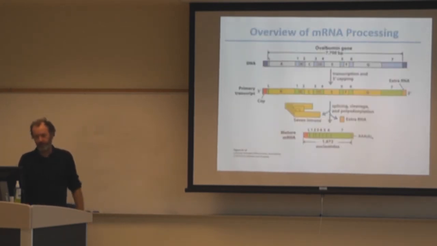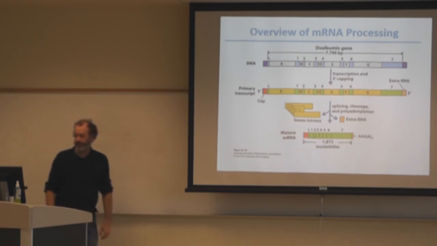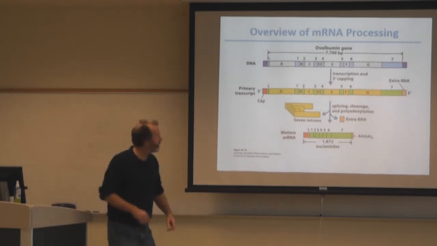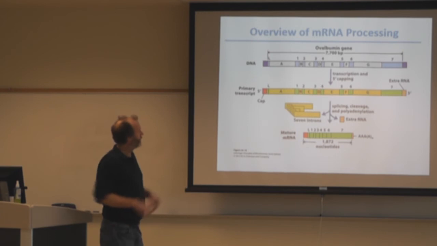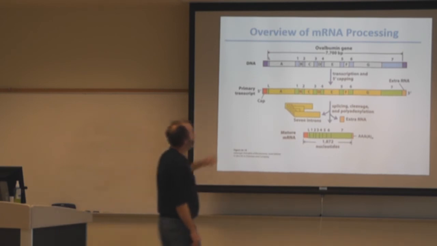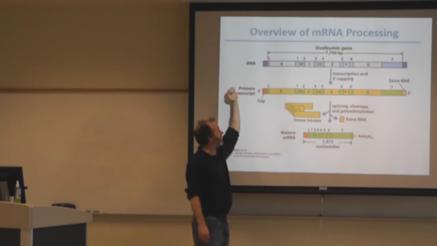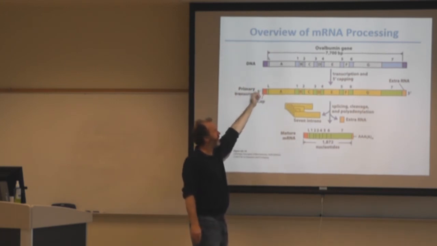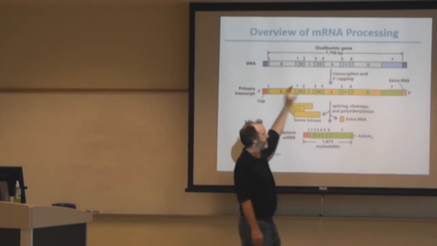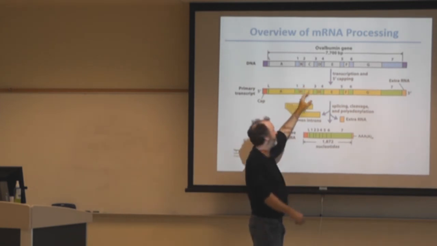And then the overview of mRNA processing. This is using the ovalbumin gene as an example. The gene itself is 7,700 base pairs. Primary transcript, remember initially you get that 5' cap. These exons are going to be cut out as they're being transcribed.